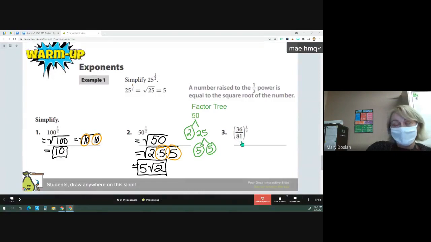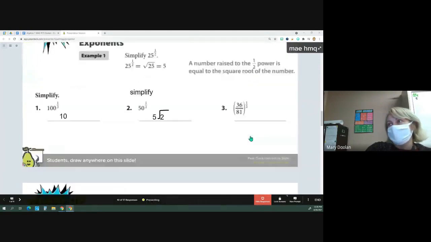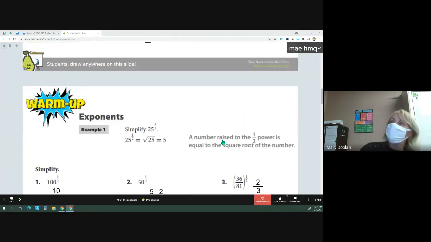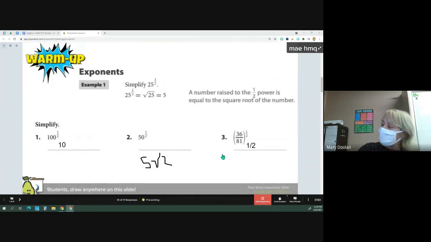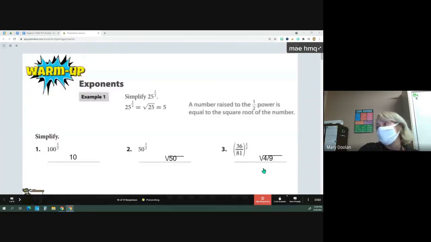It's a fraction, 36 over 81, and it's all to the 1/2 power. So how can we start that guy? This person has 2/3 is the answer. Not really sure how they got to 2/3, but it is correct. 2/3, yes, it is 2/3.